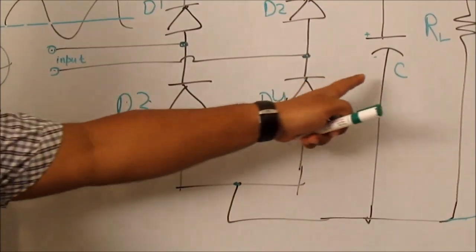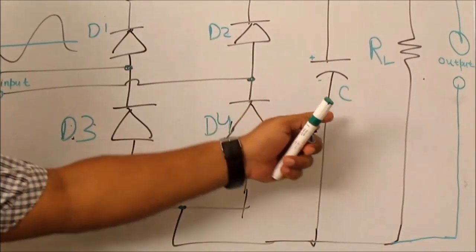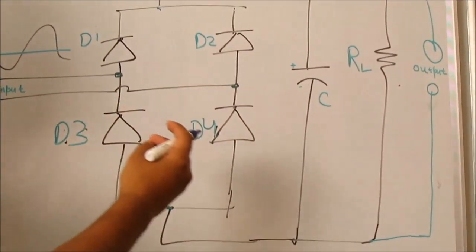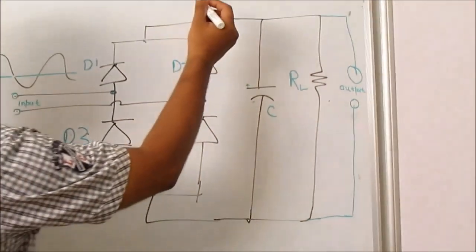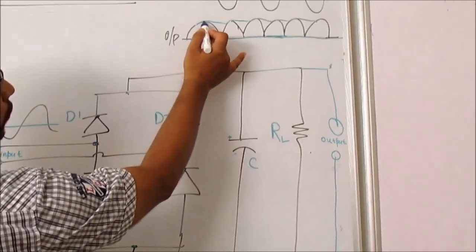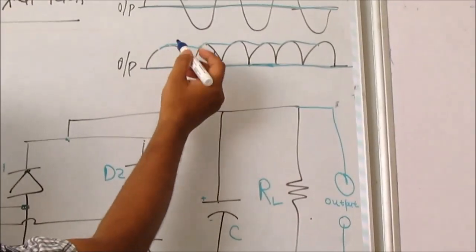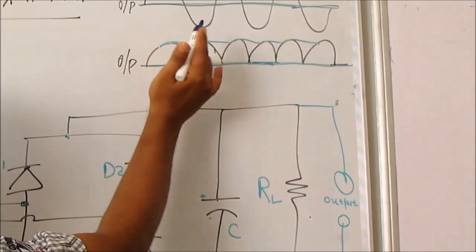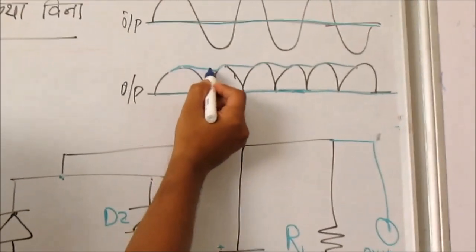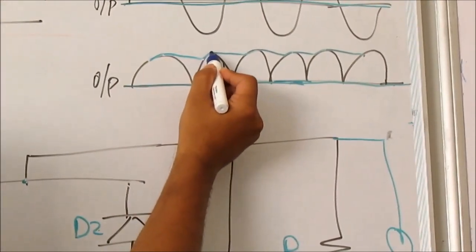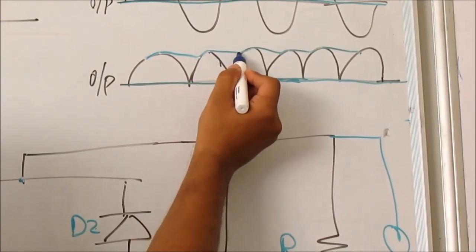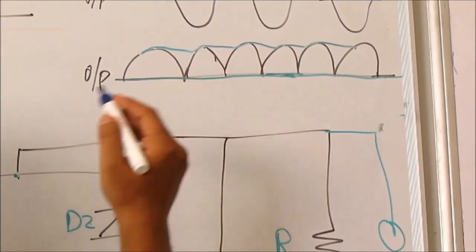Now come to the capacitor. This capacitor is smoothing the waveform. It first gets charged to the full value, so it is at maximum charge, then it starts discharging to this level, then again starts charging and comes back to here. This is the ripple.